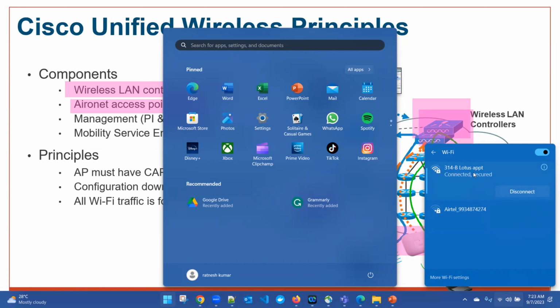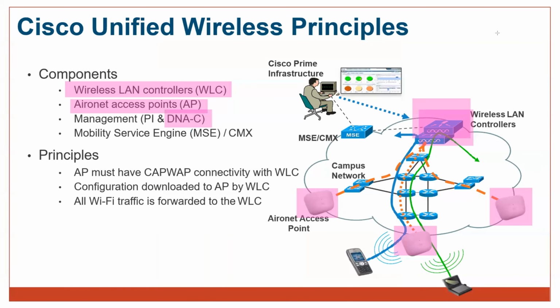So this is the wireless frequency I'm connected with. Apart from that, you can see one other as well, Airtel. Like that, if you check in your enterprise, meaning in your company, you can see different types of SSIDs or wireless networks, such as protected LAN, internet, Wi-Fi. Like that, in a company they have different ones for different purposes.